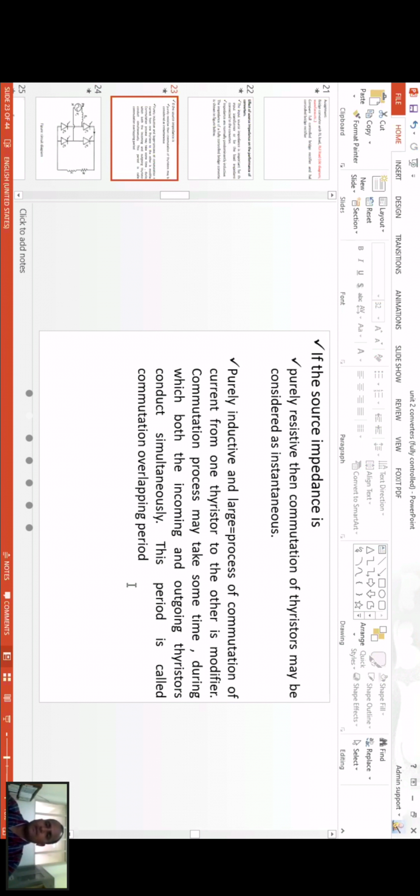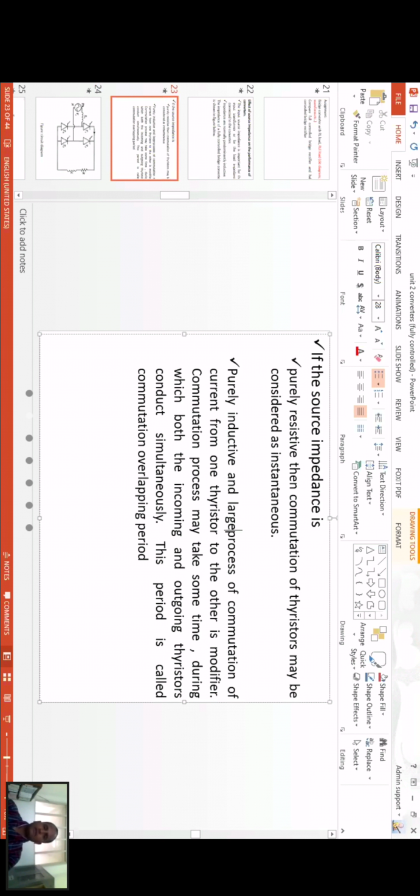But if it is purely inductive and large, the process of commutation of the current from one thyristor to the other is modified. The commutation process may take some time.